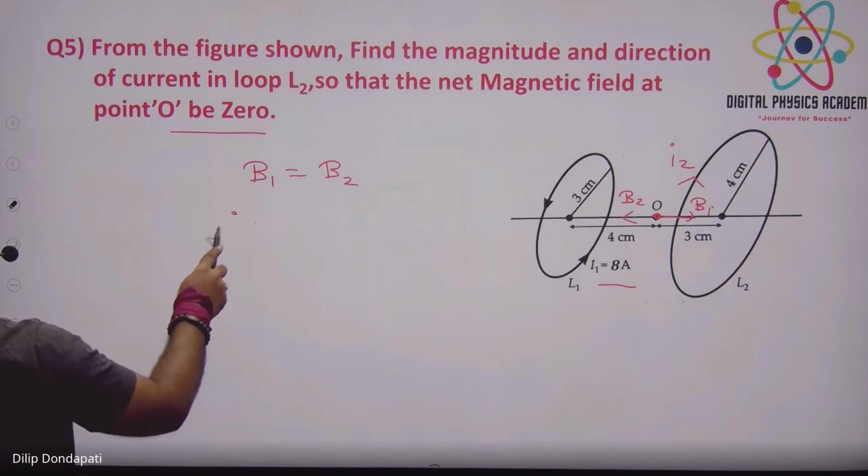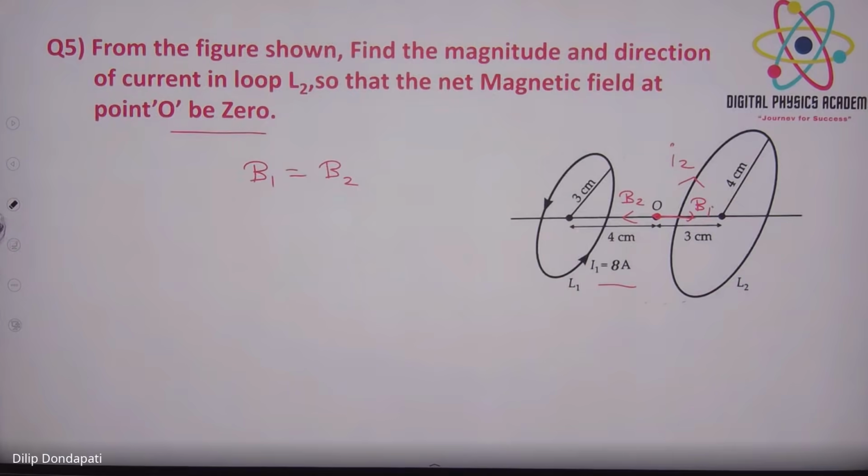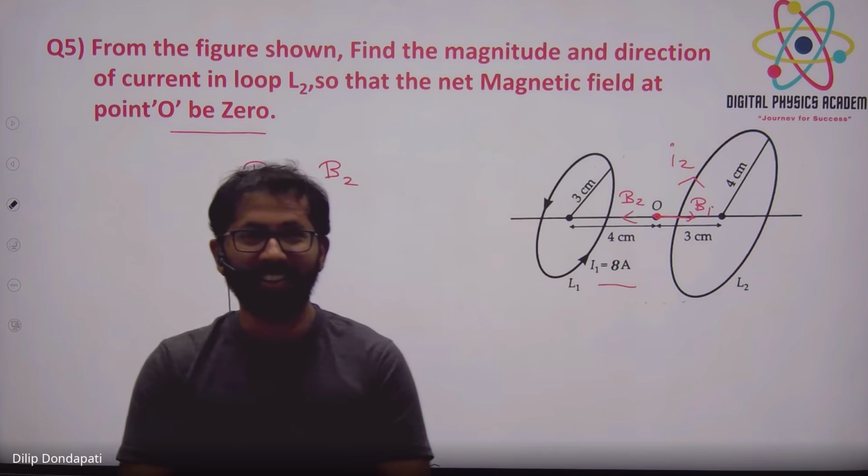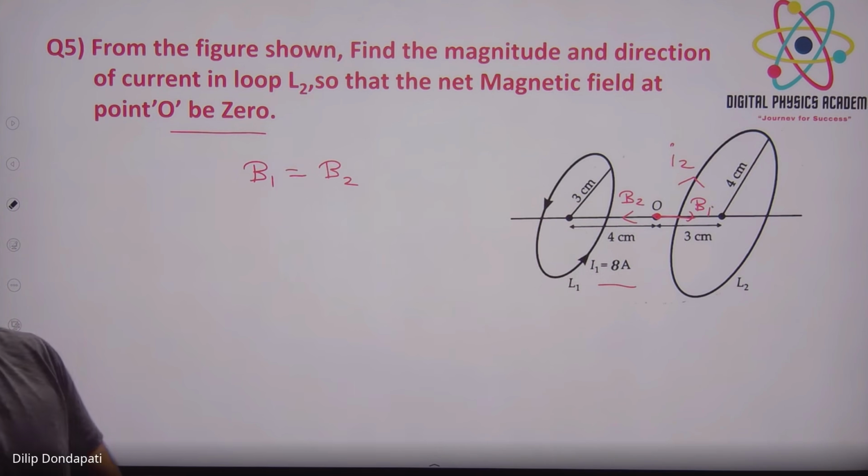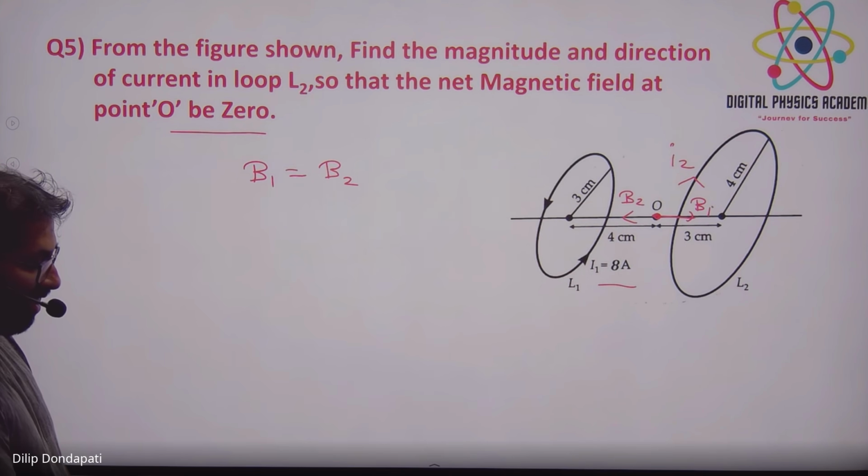The answer has come. How? What did we do? The same, they equated. Equate and solve properly. I solved and got 4.2 ampere. 4.5 is the answer, right.